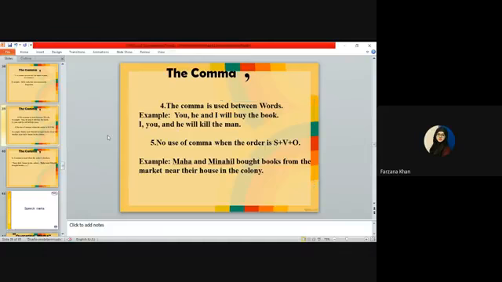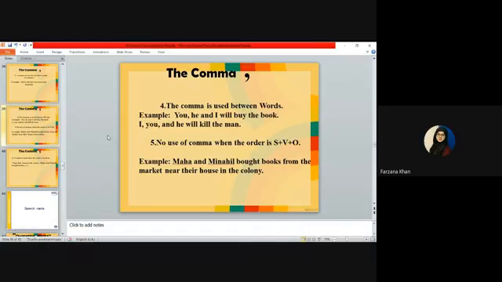According to rule number 5 of using comma, there is no need to use a comma when the order of the sentence is proper, meaning there is subject, then verb, and then object. At that time, there is no need to add a comma after the subject or after the verb before the object.